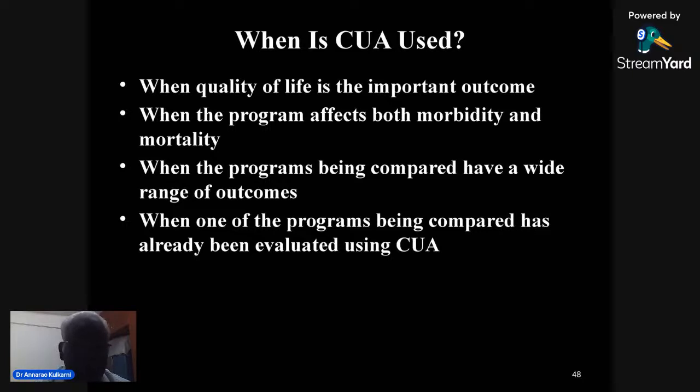Cost utility analysis can be used when comparing interventions that affect different health outcomes like cancer versus cardiovascular disease prevention. Finally, cost utility analysis should be used when comparing results to other studies that also employ cost utility analysis as the economic evaluation methodology.